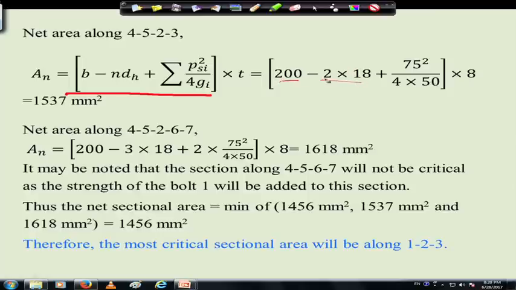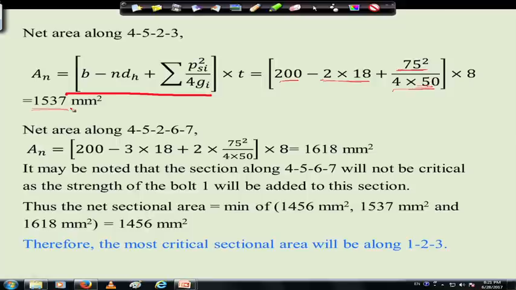So, 200 minus 2 into 18, then plus, because of the staggered pitch, some area is going to be added, which is the amount of ψ² by 4g. Here ψ, the staggered pitch, we have seen is 75 mm and the gauge was given as 50 mm. So, we could find the net area is coming to 1537 mm².